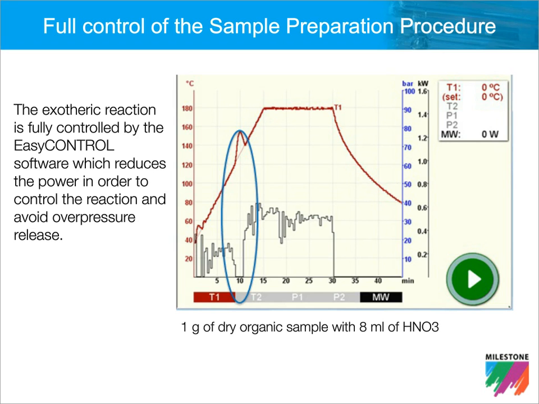And that's that black line that you see on the screen here. The system waits for the temperature to come back to the temperature profile before it again begins to add microwave energy. The last thing that we want to do to a sample that's giving off energy is add more energy to it.